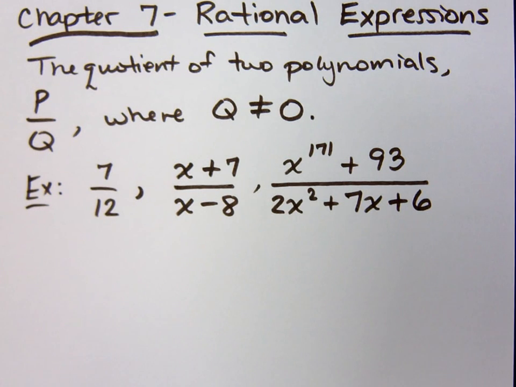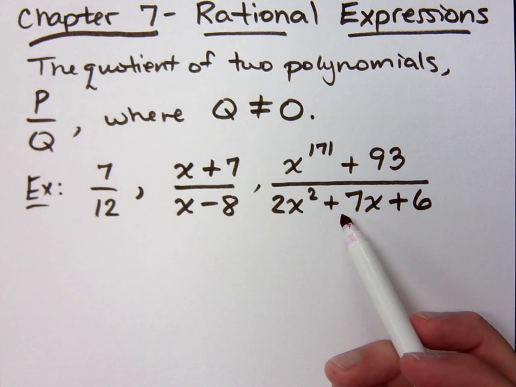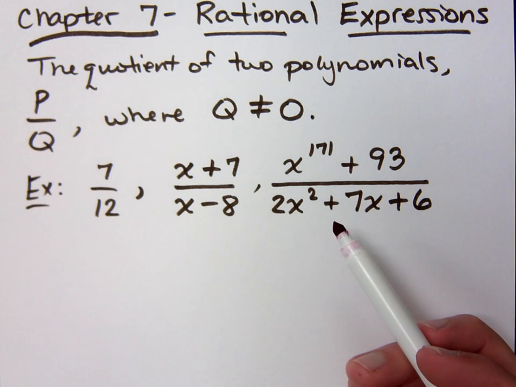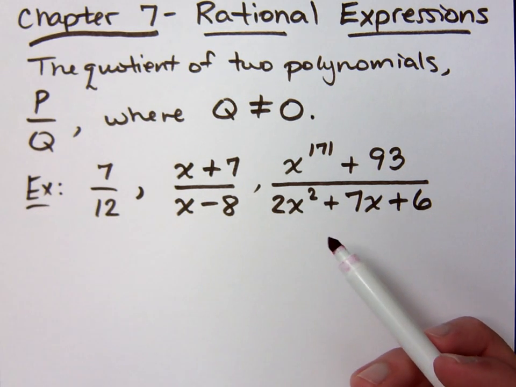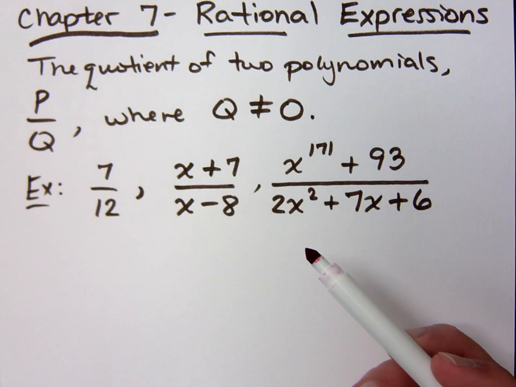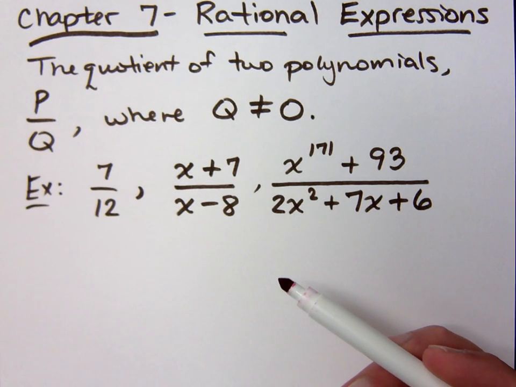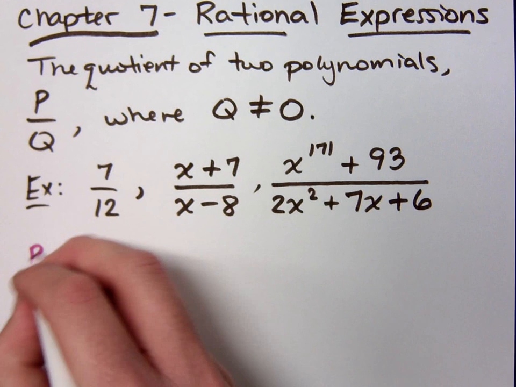Now, speaking of the denominator not being equal to 0, we need to talk about things called restricted values, because these guys are algebraic expressions, which means I could replace x with a number, right? But I don't want to replace x with a number that's going to cause me problems. So we talk about restricted values.